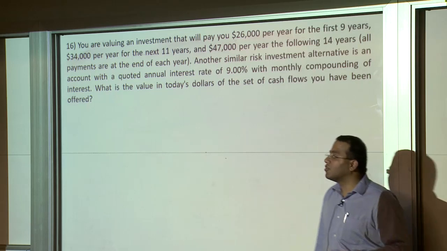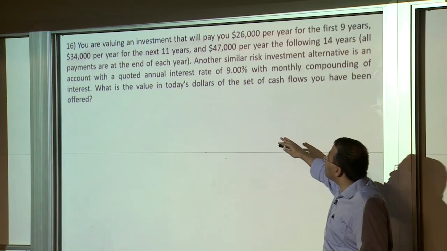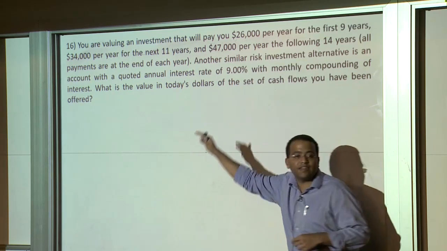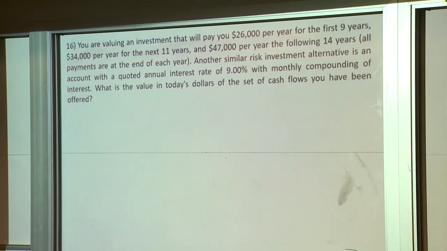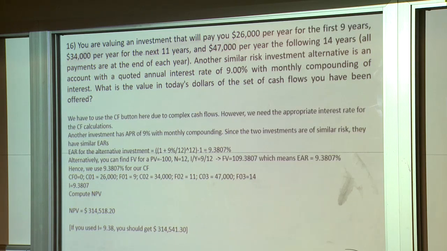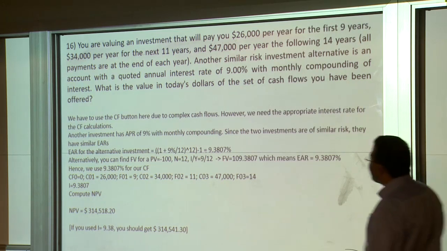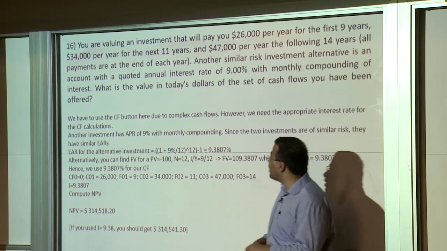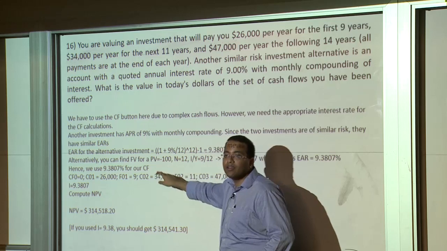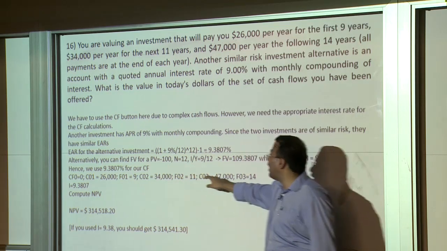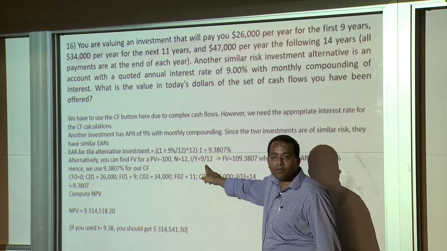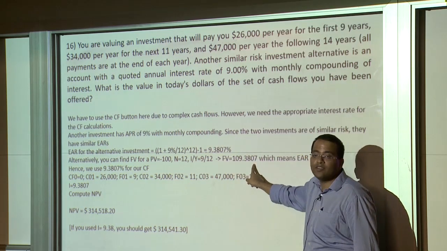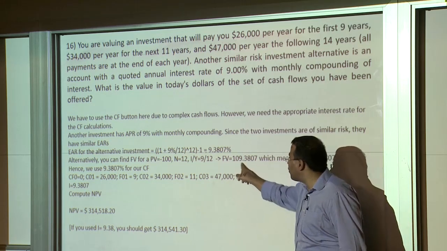Essentially we need to find out what is the EAR that's applicable to the first one, by computing the EAR from the second statement. You can do it using the formula, or alternately you can assume that you're putting in $100 in a bank that's going to be compounded for 12 months at a monthly rate of 9/12, because that's the APR that's quoted, and you get an FV of 109.3807, which means that the EAR was 9.3807%.